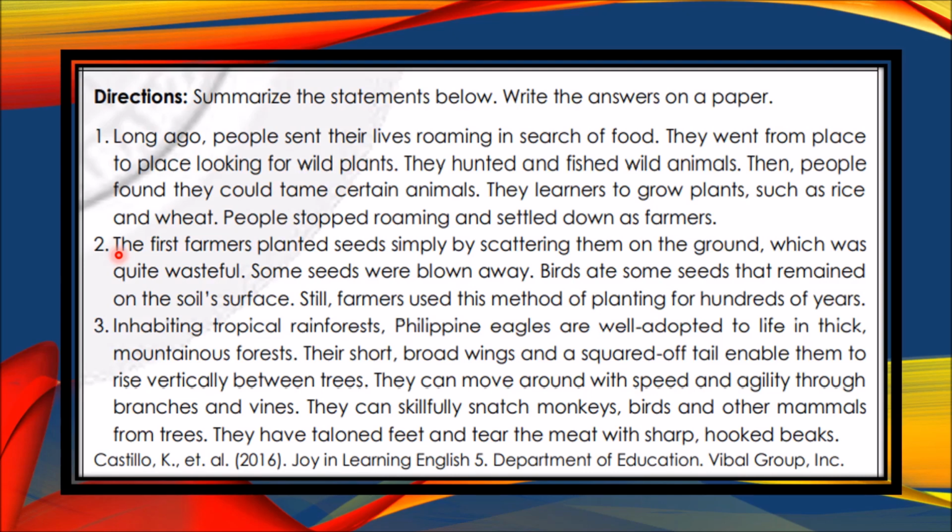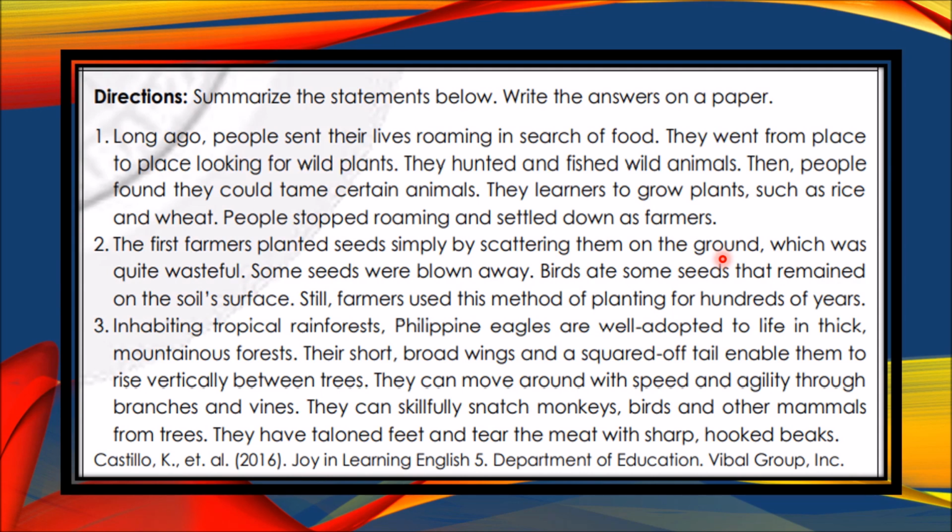First, what is the main idea there? What is the main idea? The first farmers planted seeds by what? By scattering on the ground. That is the first, then the main idea.